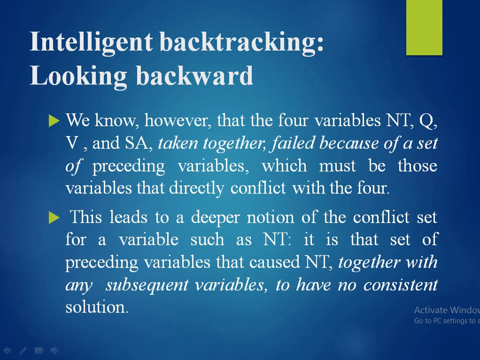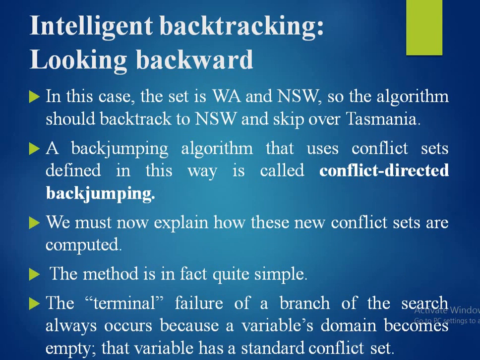It is that set of preceding variables that caused NT, together with any subsequent variables, to have no consistent solution. So in this case, the set is WA and NSW, so the algorithm should backtrack to NSW and skip over Tasmania. A backjumping algorithm that uses conflict sets defined in this way is called conflict-directed backjumping.